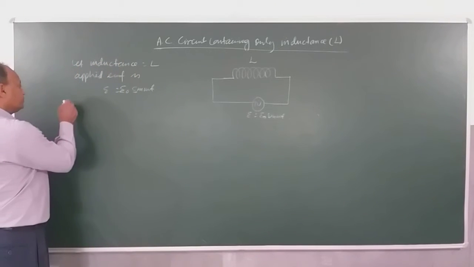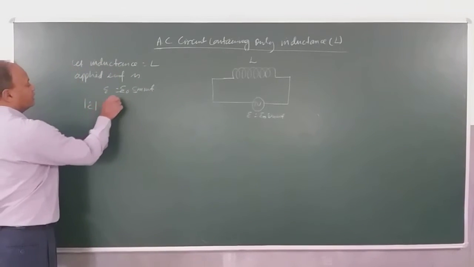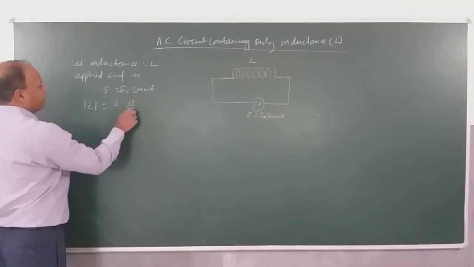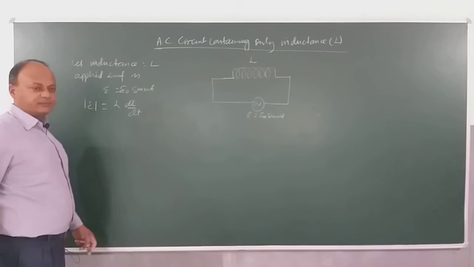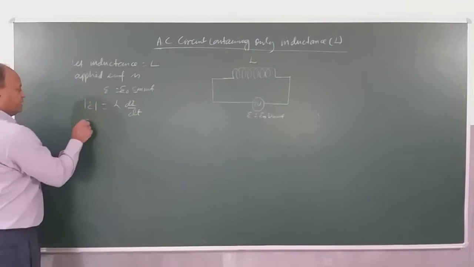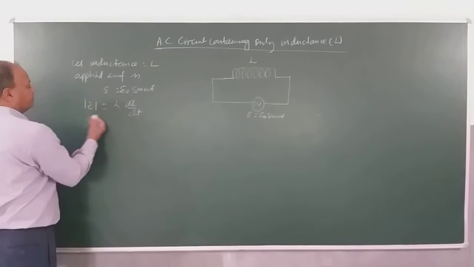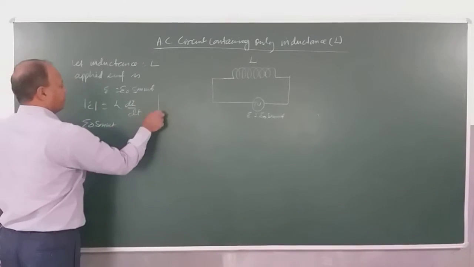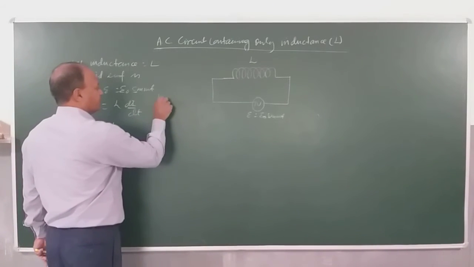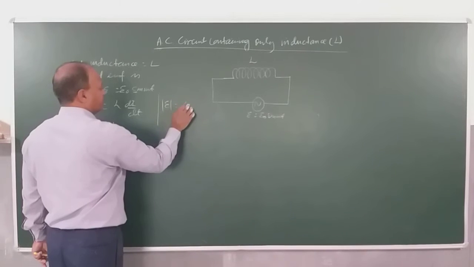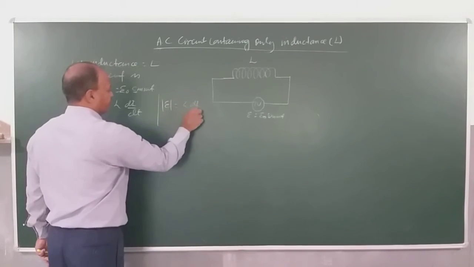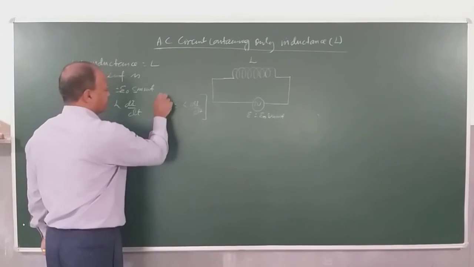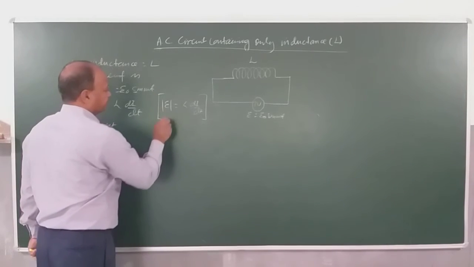So induced EMF E will be equal to L into di by dt across the inductor. Put the value of E as E naught sin omega t is equal to L into di by dt. Remember, here we have used the same concept that we use for self inductance. This is the self inductance concept that I am using here.